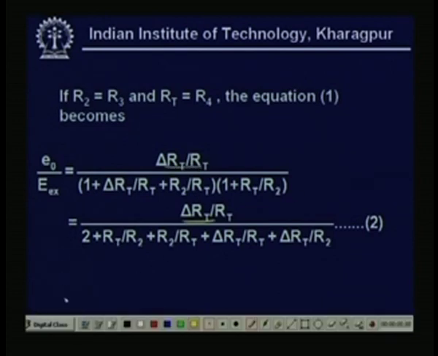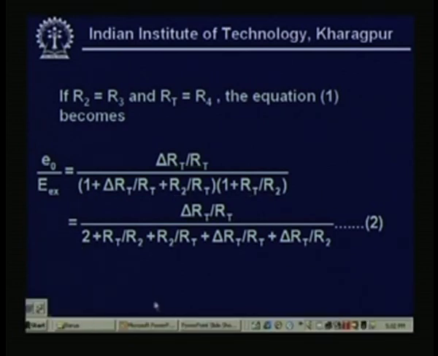In the denominator, if you multiply R2 by RT and RT by R2, you get another one, so this makes 2, plus RT by R2, plus R2 by RT, plus delta RT by RT, plus delta RT by R2. This is equation number 2.